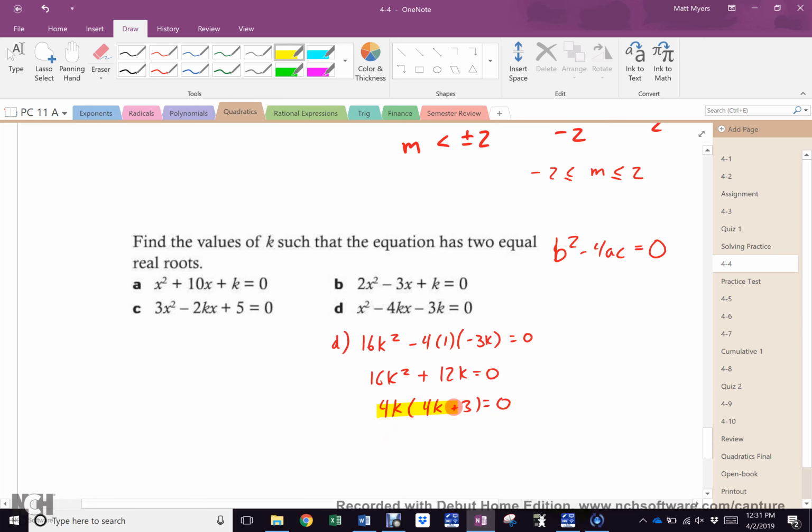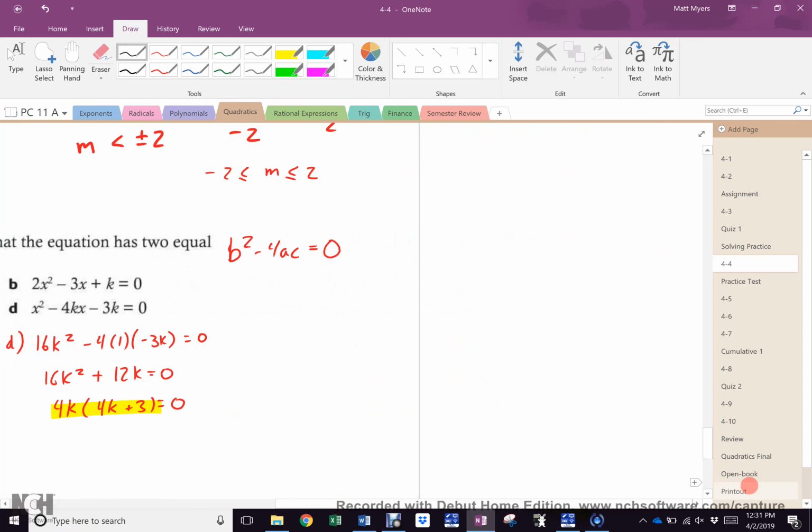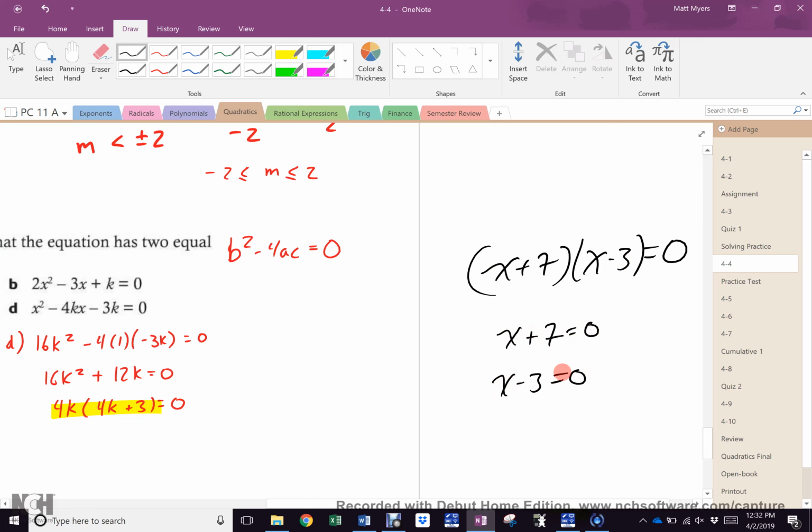How do I make that true? What would have to happen? How do you do that? x plus 7 would have to be 0, or x minus 3 would have to be 0, right?